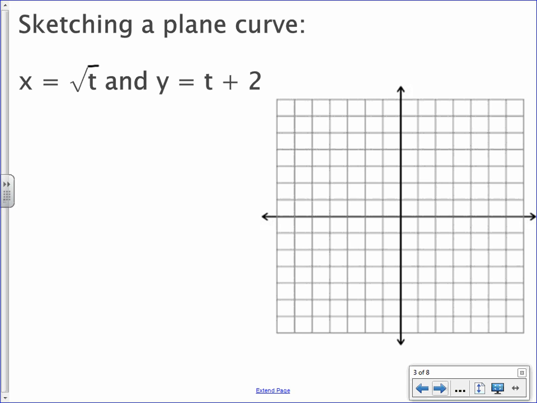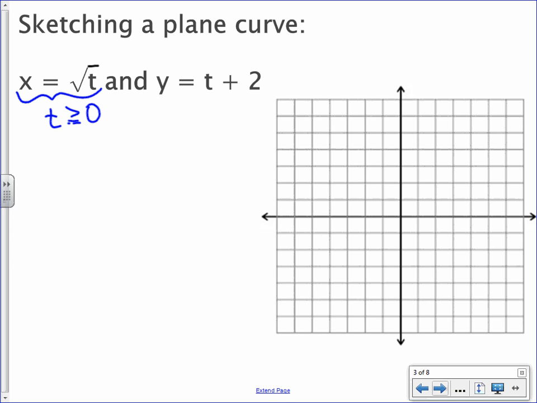First of all, if I look at the domain for our x equation, what would it be? T can't be negative, can it? So t has to be greater than or equal to 0.